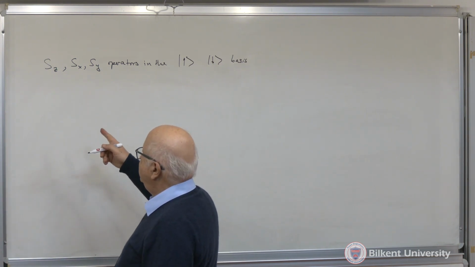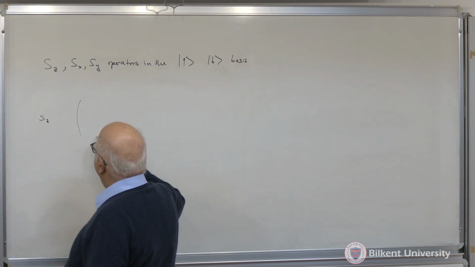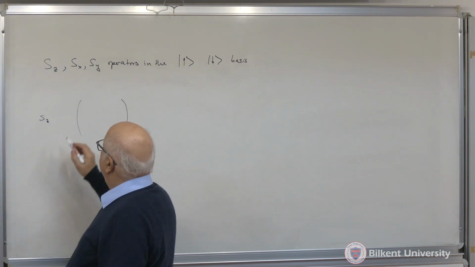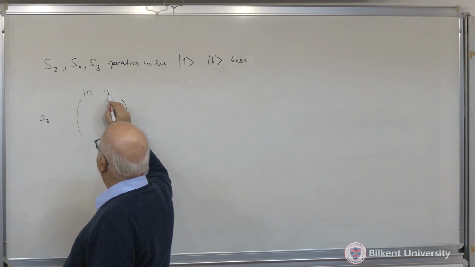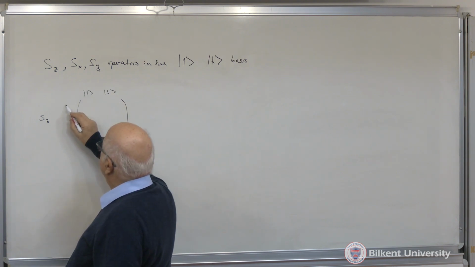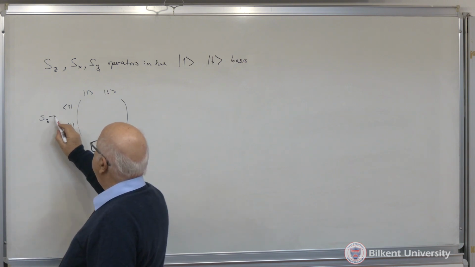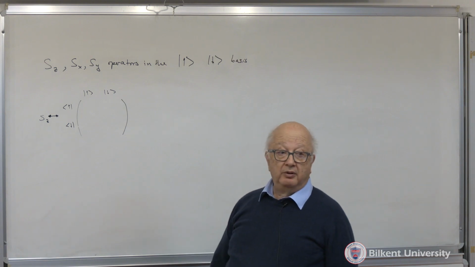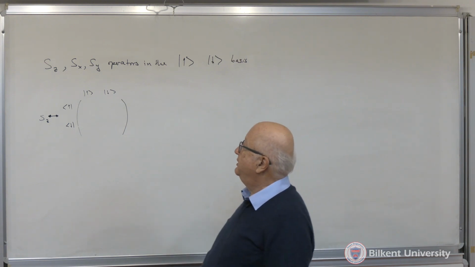Okay, so Sz is obviously the simplest one. I take Sz, it's going to be a 2 by 2 matrix. It's just a two-dimensional Hilbert space. On the right-hand side, I have upspin or downspin. On the left, I have upspin or downspin. Now, this is Sz in its own basis, so it will be diagonal.